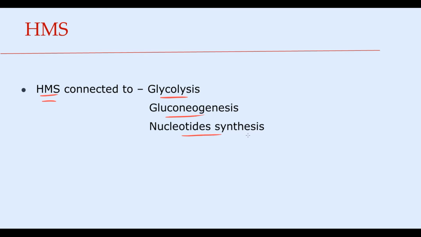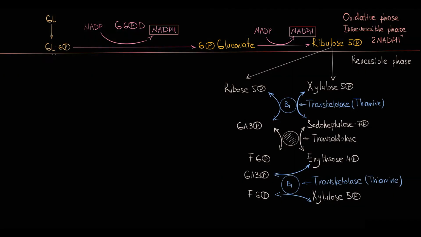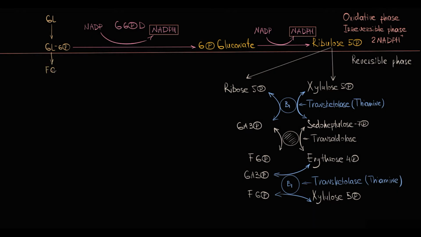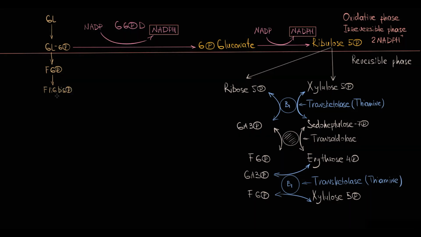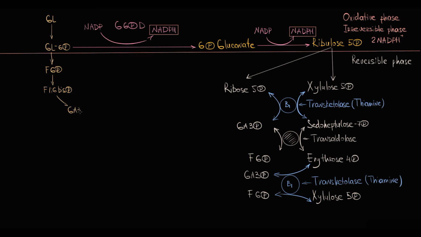First of all, Hexose monophosphate shunt is connected to glycolysis and gluconeogenesis. Recall that in glycolysis, initially glucose 6-phosphate is converted to fructose 6-phosphate, then phosphorylation occurs that results in production of fructose 1,6-bisphosphate, and then fructose 1,6-bisphosphate is cleaved into glyceraldehyde 3-phosphate and dihydroxyacetone phosphate.